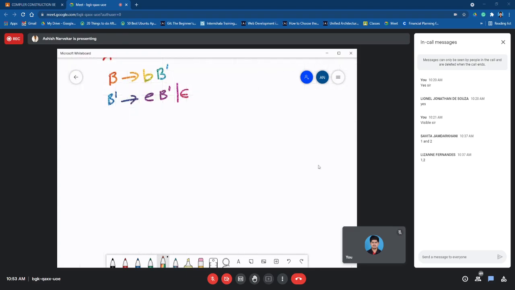So finally, after getting the non-left recursive grammar rules for the entire grammar, the final grammar, or grammar after elimination of left recursion, we need to rewrite entirely.